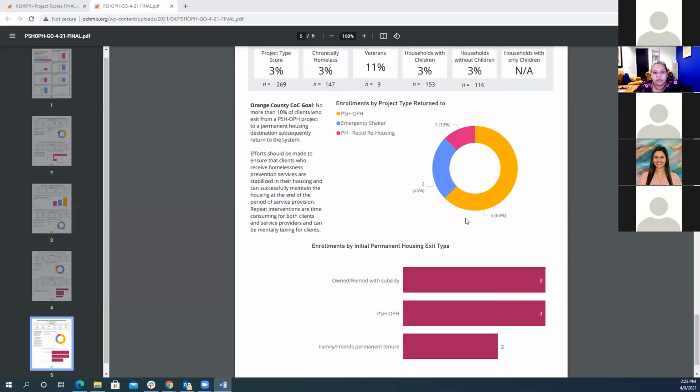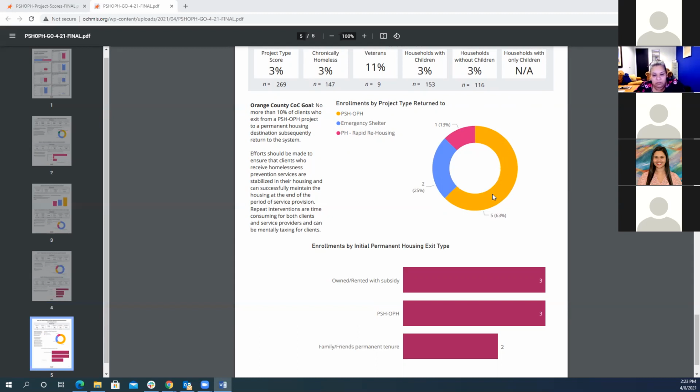But this donut here is showing where clients are returning to after they were exited from the PSH project and then they later returned. And you can see most of these are permanent supportive housing and other permanent housing projects.